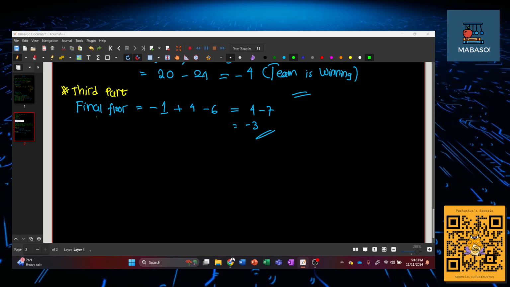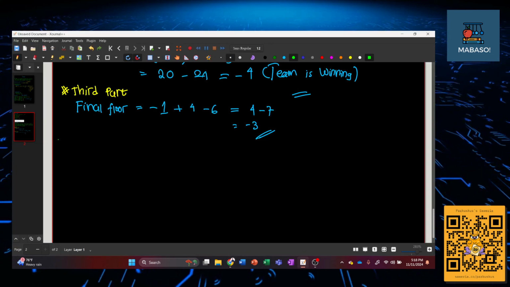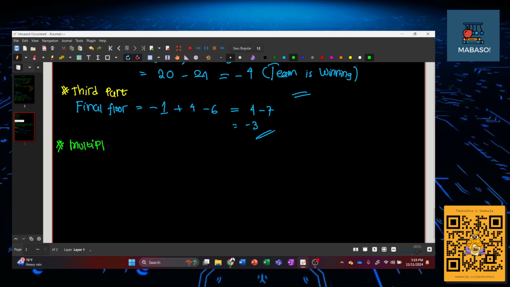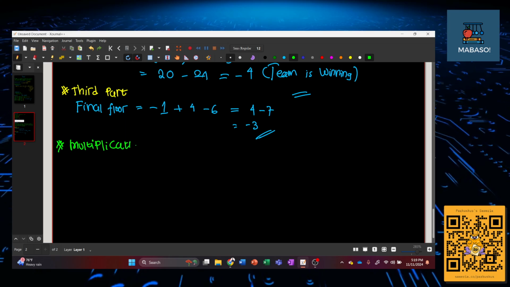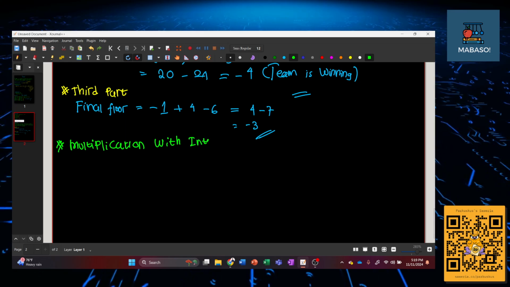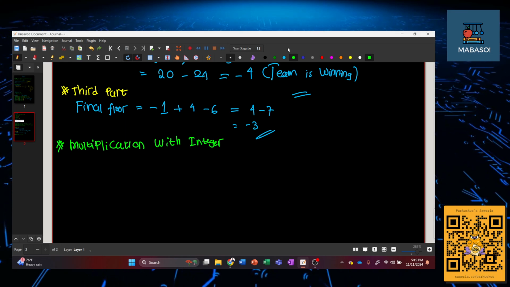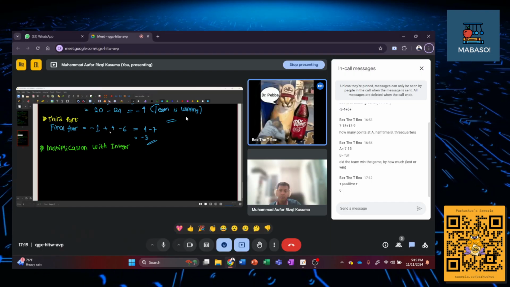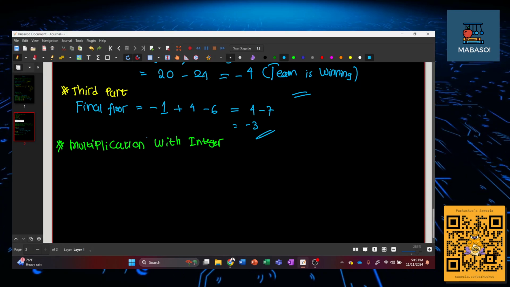No. Oh, okay, this is a new material then. So we'll learn about multiplication with integers. I've heard of multiplication and integers, but nothing about multiplication with integers.